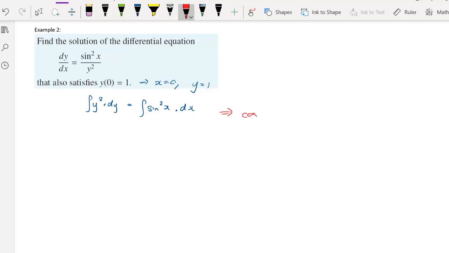Now we know that cos 2a is equal to 2 sine squared a take 1. So therefore 2 sine squared a is equal to cos 2a plus 1. And sine squared a is equal to 1/2 of cos 2a plus 1.